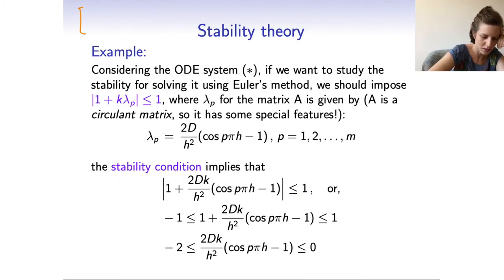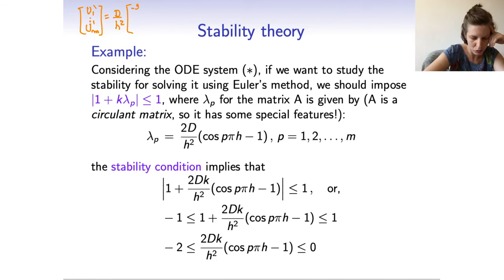So it's U1' until UM' equal to D divided by h squared, and then our matrix A is minus 2, 1, 0, 1, minus 2, 1, and it goes until the end, 1, minus 2.